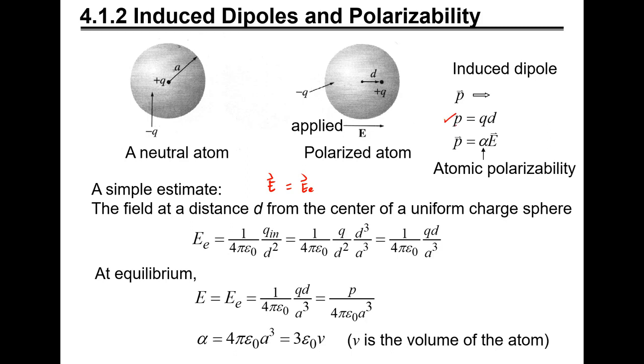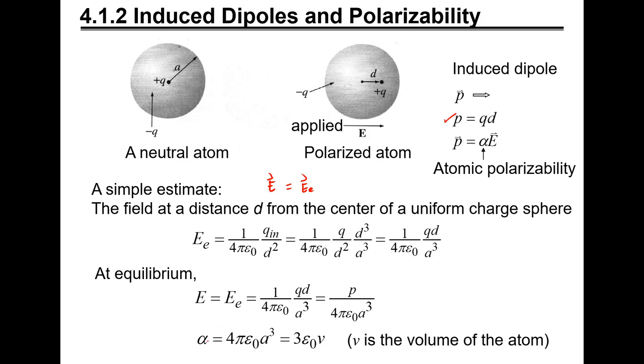The induced dipole moment p is equal to q times d. So you can replace the qd term in the numerator by p. Therefore, your E can be expressed as p over 4 pi epsilon naught a cubed.